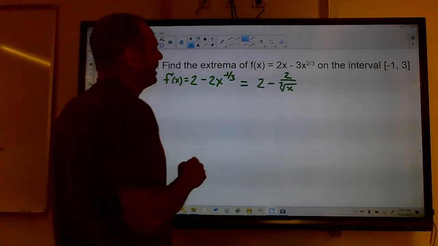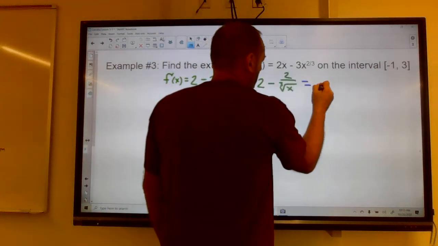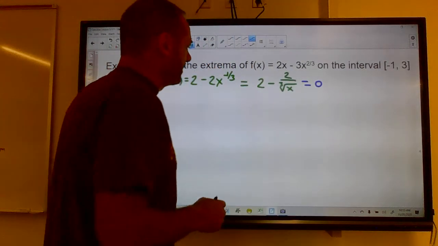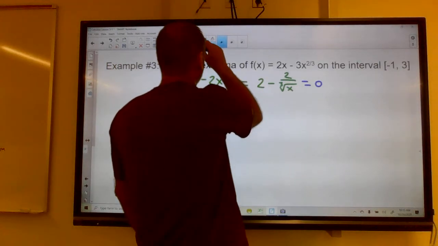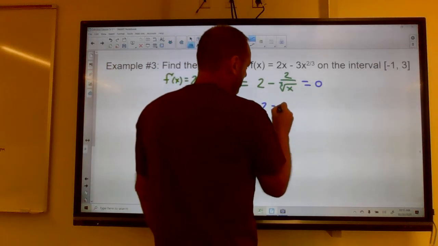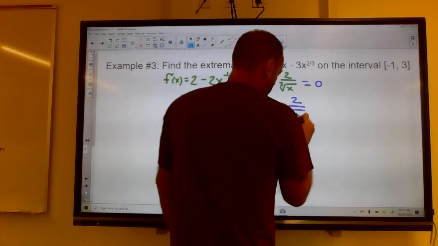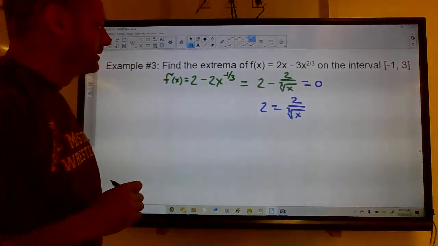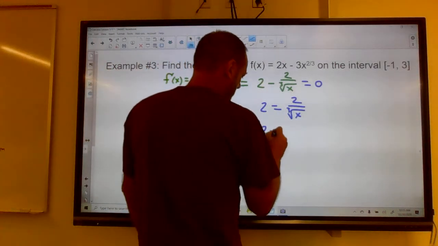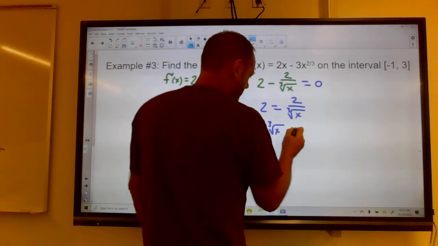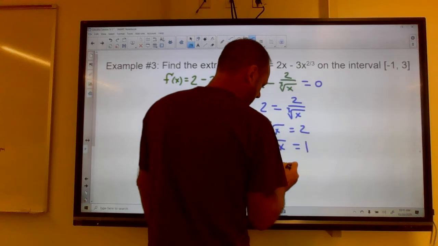All right, so I'll set this equal to 0. See when this thing's equal to 0. So that would be when 2 is equal to 2 over the cube root of x. That would be when 2 times the cube root of x equals 2, or the cube root of x equals 1.